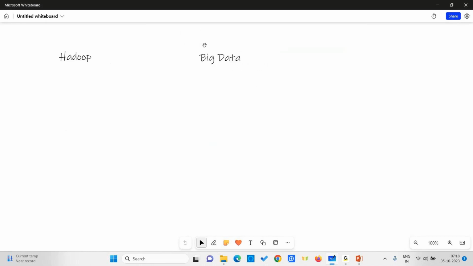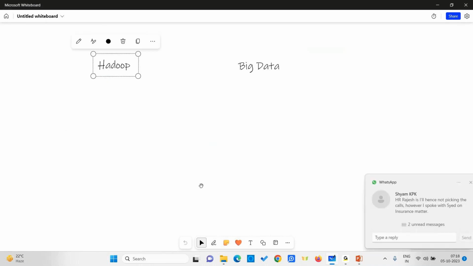These are basically two different terms, the buzzwords. Your friends might be asking what Hadoop and big data are. These are current technologies. Basically, Hadoop is a solution, one of the solutions.